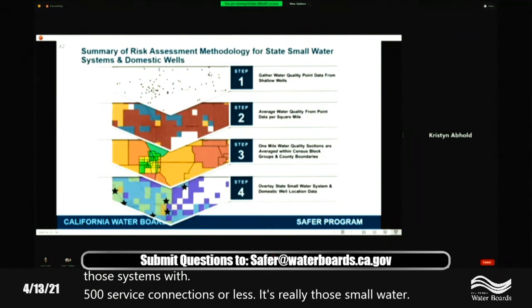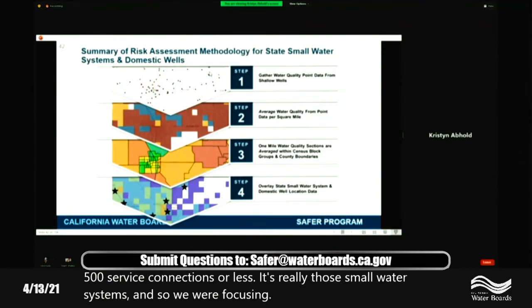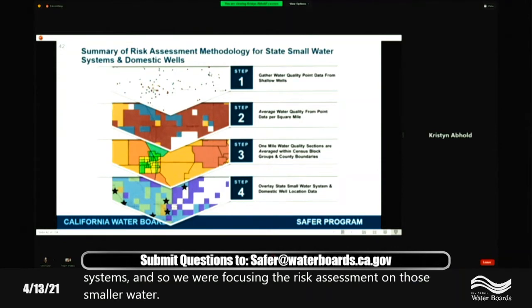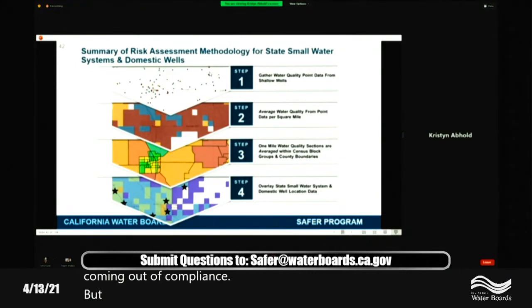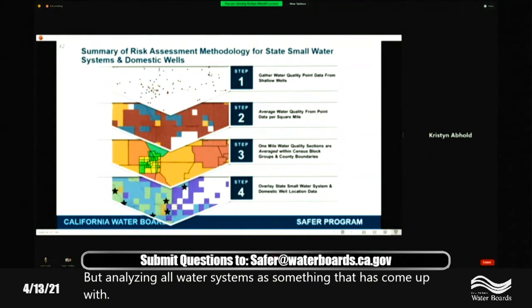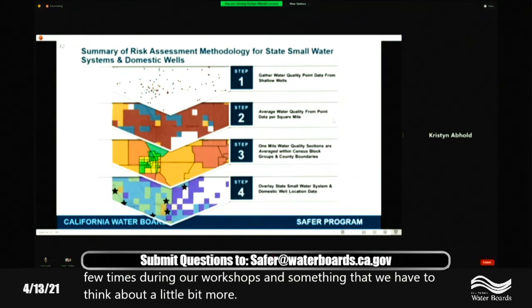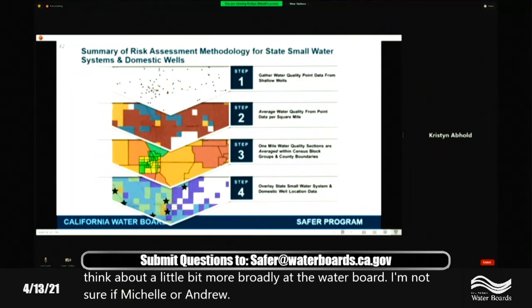So we were focusing the risk assessment on those smaller water systems since they have a higher probability of coming out of compliance. But analyzing all water systems has come up a few times during our workshops and is something we have to think about more broadly at the Water Board. I'm not sure if Michelle or Andrew wanted to say anything about that.